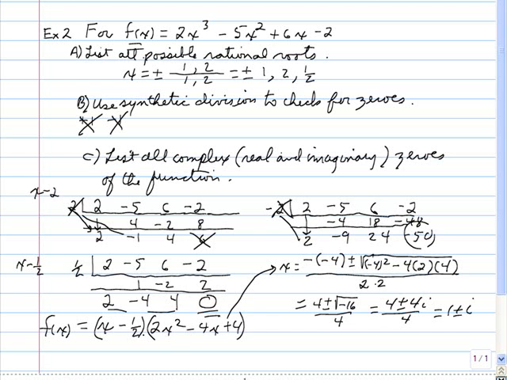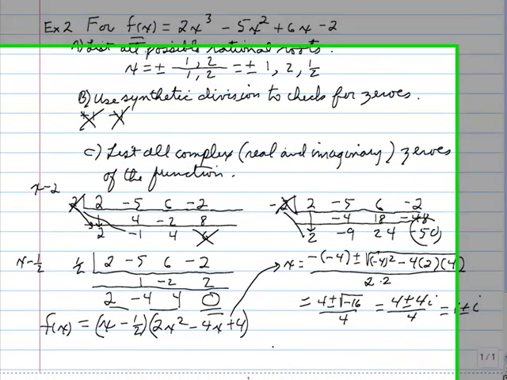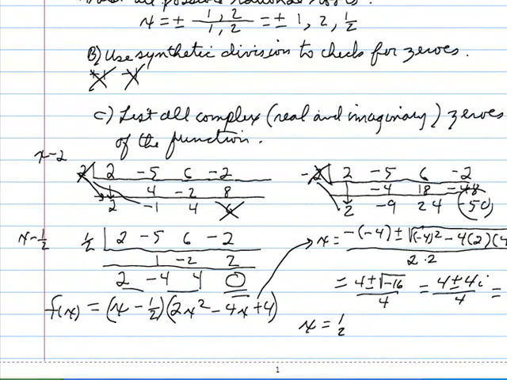So my three zeros of the polynomial, or my three solutions of the polynomial equals 0, are x equals a half, x equals 1 plus i, and x equals 1 minus i. Notice it was degree 3, and I got 3 solutions, and that completes the podcast on rational zeros. Now, in our next podcast, we'll look at an application of this. How do you use this to solve practical problems? And that completes the podcast.